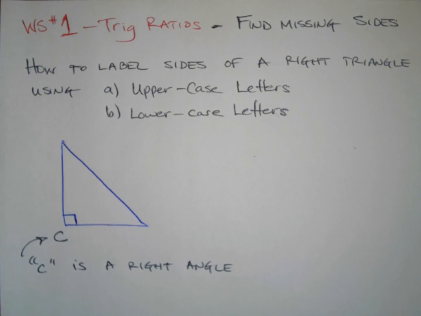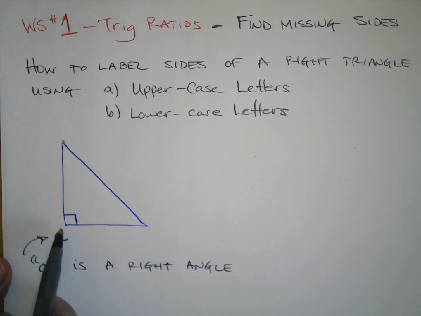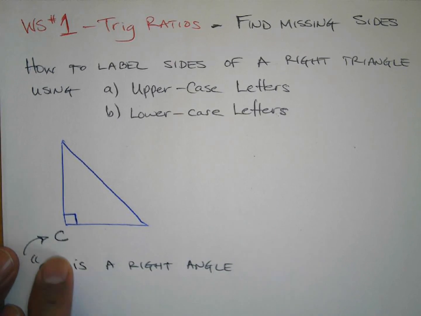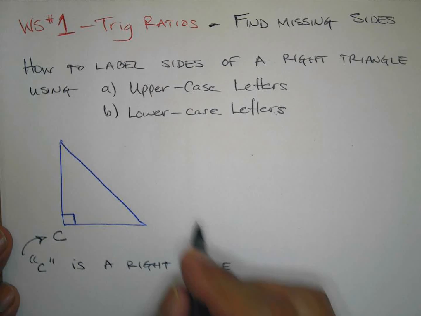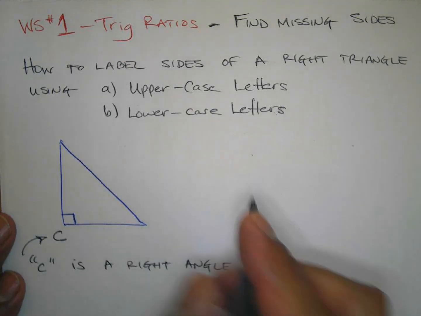Now that's not always going to be the case. Sometimes they'll tell you that A is a right angle. That means you got to put the letter A. But whichever one they identify to be the right angle, they'll have to tell you. So in this case, it's going to be C. The other two will be A and B. Okay, doesn't matter which way it goes.